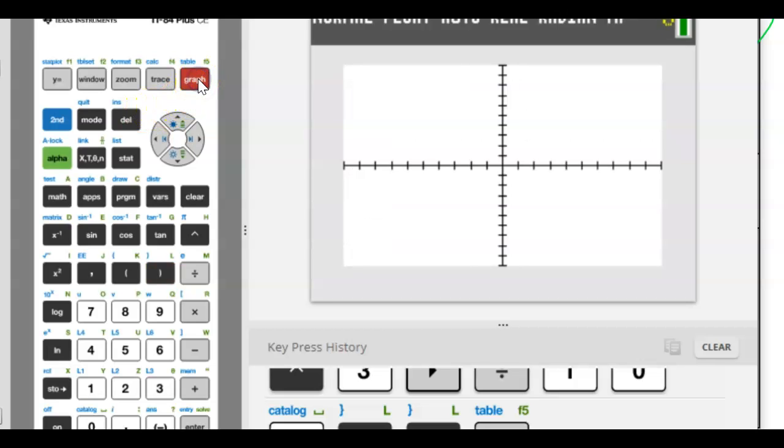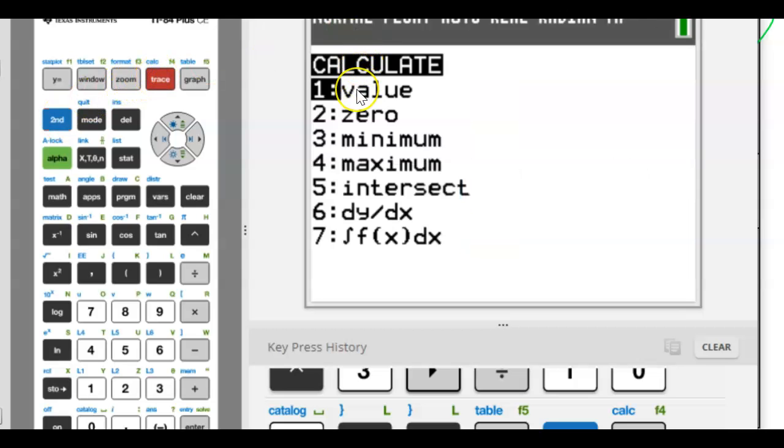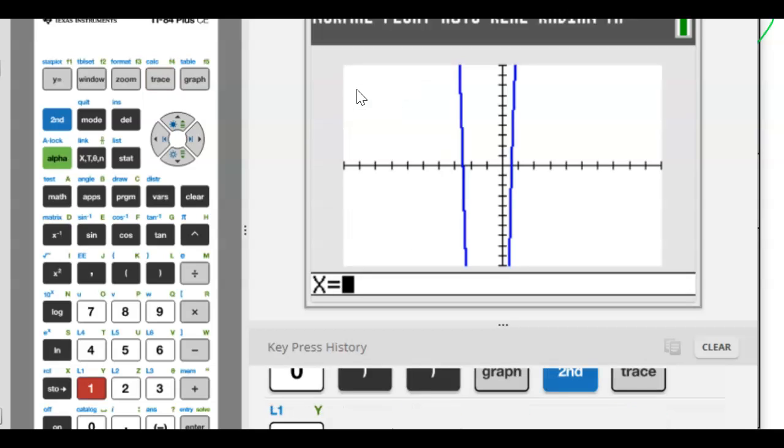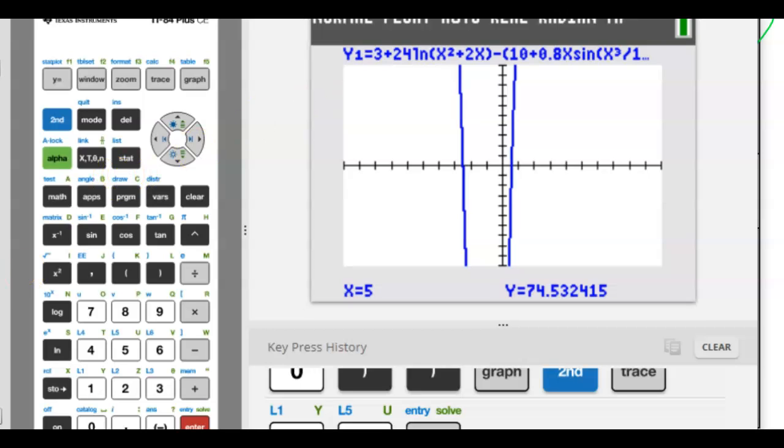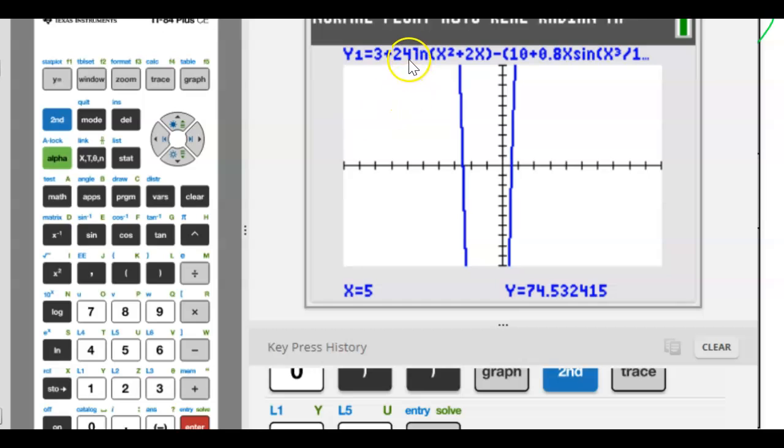So we're going to go ahead and graph that. And we want to know at 5. So second calc. I just want to know the value. So 1 is the value, and we want 5. Okay, I have 24.